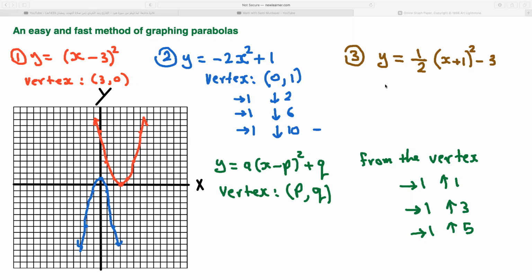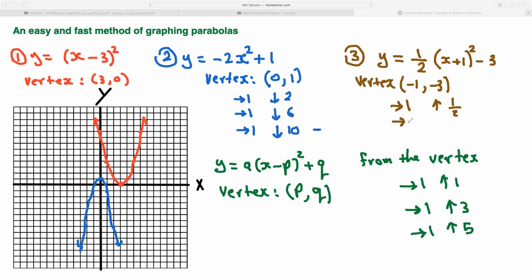Now the third one, the vertex is -1 and -3. Always change the sign of P. Like if it's x plus 1, then the P value will be -1. And then out 1, up. Instead of 1, now your A is a half. So you multiply the 1 by a half and you get a half.